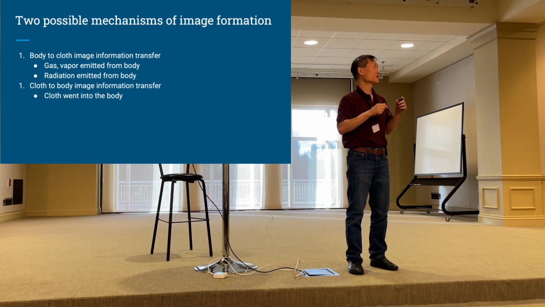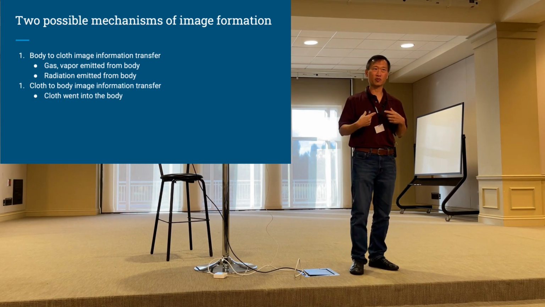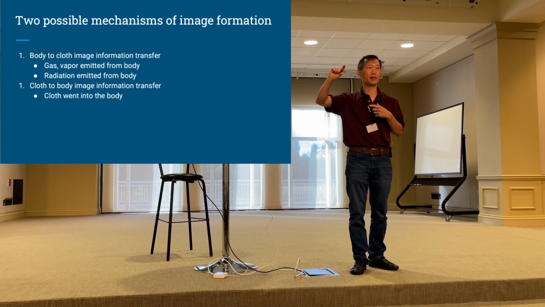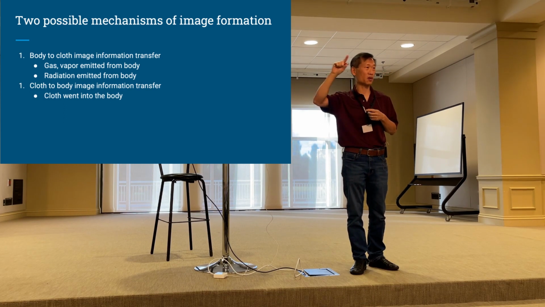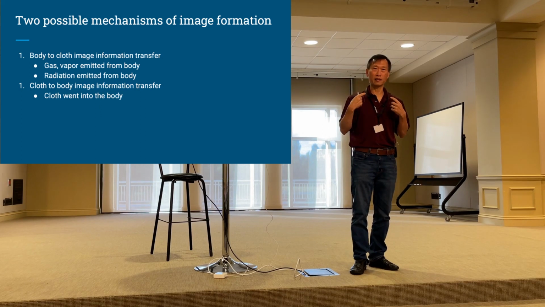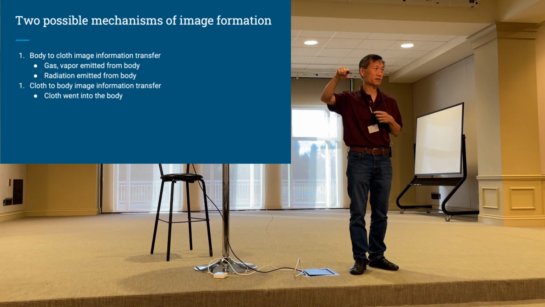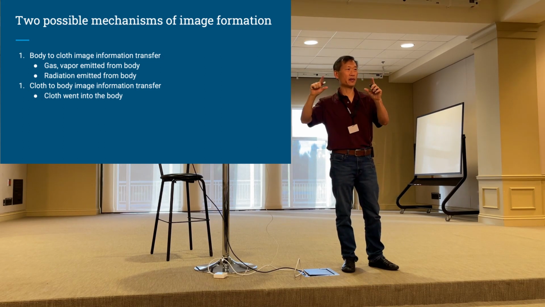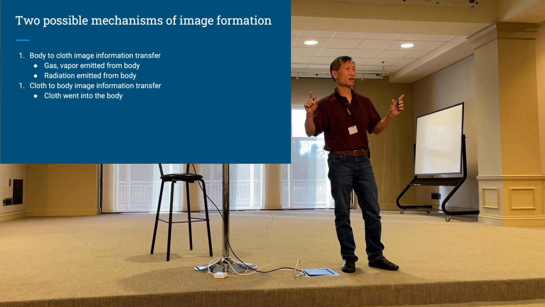For example, maybe a gas was emitted from the body, and then it somehow discolored the cloth. Or light reflected off the body or emitted from the body, and then it landed on the cloth. Or some sort of radiation or neutrons came from the body, and then came onto the cloth. Does that make sense?